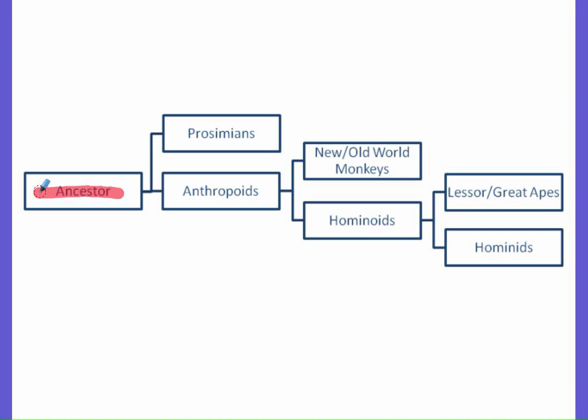Right, as you follow this line down towards us, and we are in this hominid group down here, the things directly behind us, like these hominoid and anthropoid terms, those are actually just categories.